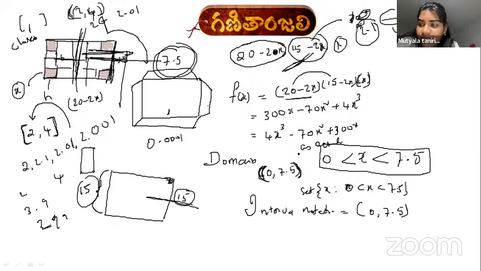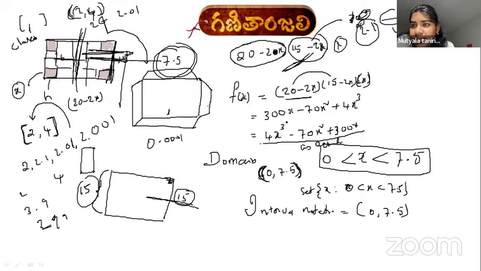And range is asked. Range is nothing but its answer. What is its value if x is equal to 0? It is 0, so range starts from 0. Volume can be 0. What if x is equal to 1?